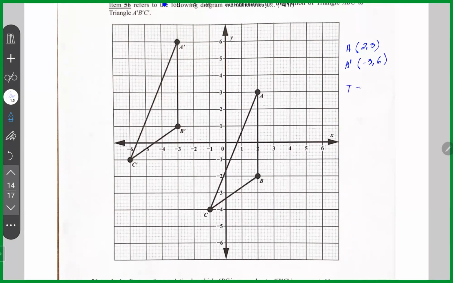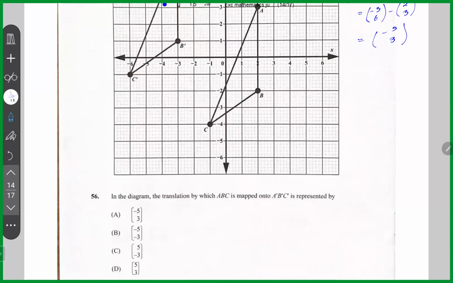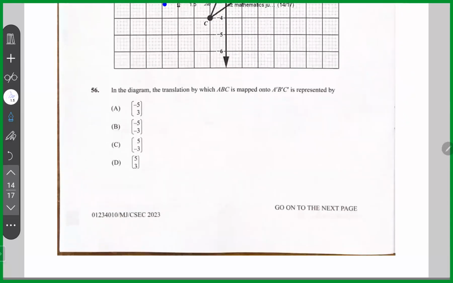T would be A prime minus A, which would be minus 3, 6, minus A, which is 2, 3. This looks like minus 3 minus 2 is minus 5. 6 minus 3 is 3. So it's minus 5, 3. That's A.